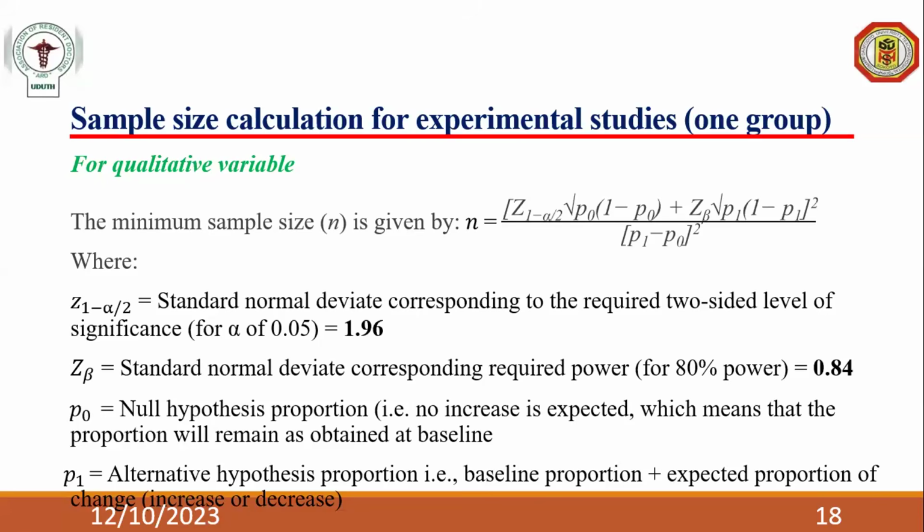That is 20 at baseline plus 20 that you are expecting to increase after health education, which is 40%. Then if you are expecting it to reduce, you still use the same formula. If you have a baseline at 20, but you expect a 10% reduction, it means your P1 will be 10. That is 20 minus 10, which is 10. So this is P1.